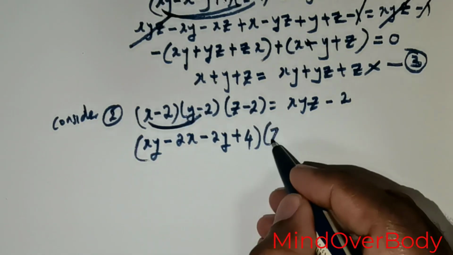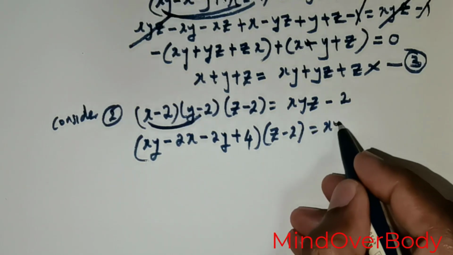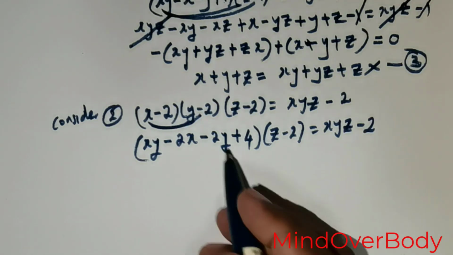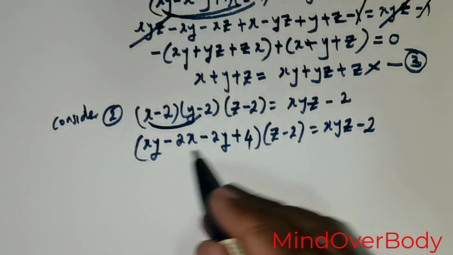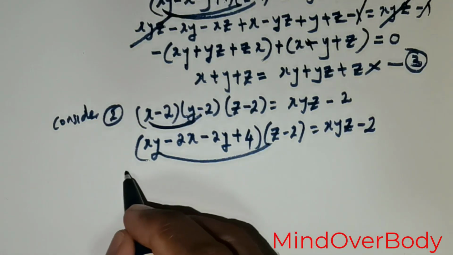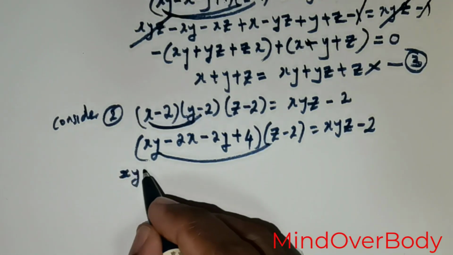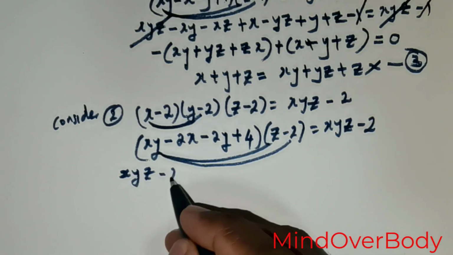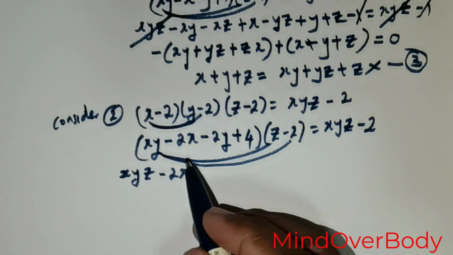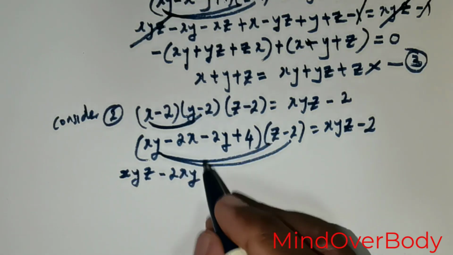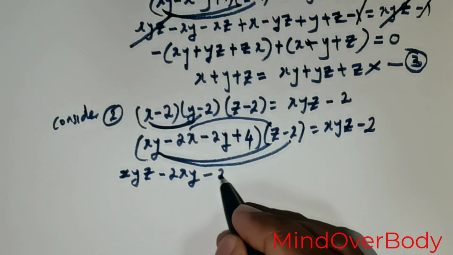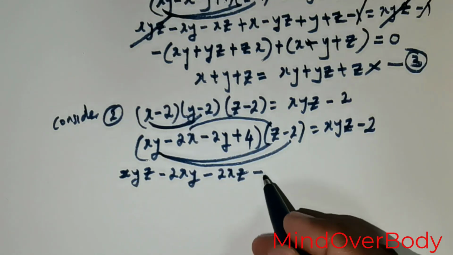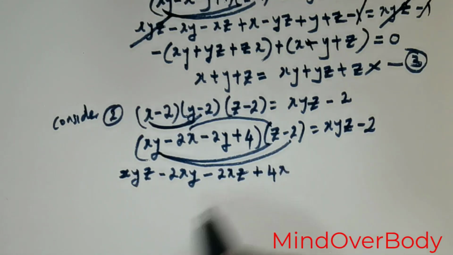Now this has to be multiplied with (z − 2). Of course on the right side you get xyz − 2. So let's do the multiplication. xy into z, that's the first component, and then xy into negative 2, that's negative 2xy, and then negative 2x into z, that's negative 2xz, and then negative 2x into negative 2, that's positive 4x.